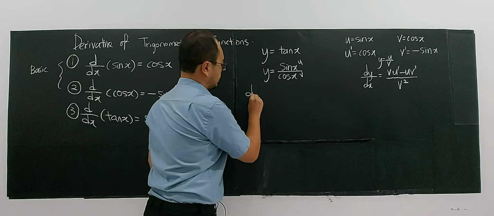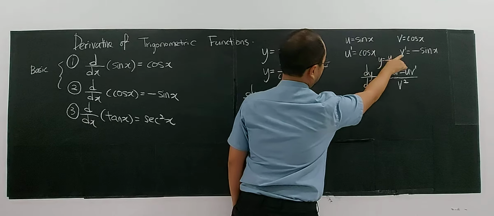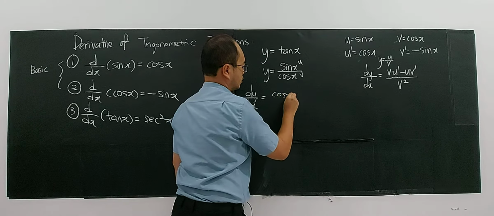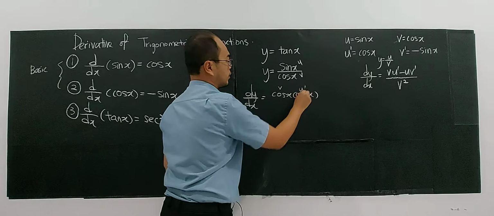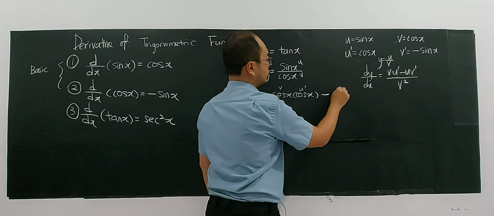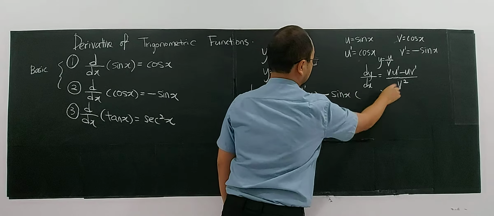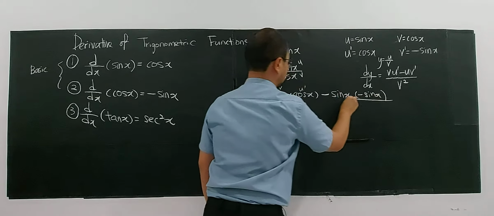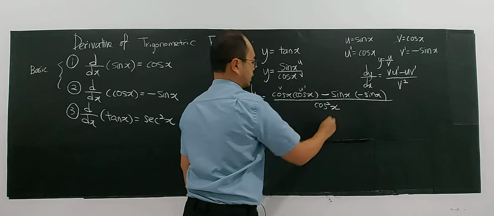So I have dy dx equals v u prime, which means cos x multiplied with cos x, followed by negative u v prime. v prime is negative sine x, divided by v square, which will be cos to the power of 2 x.